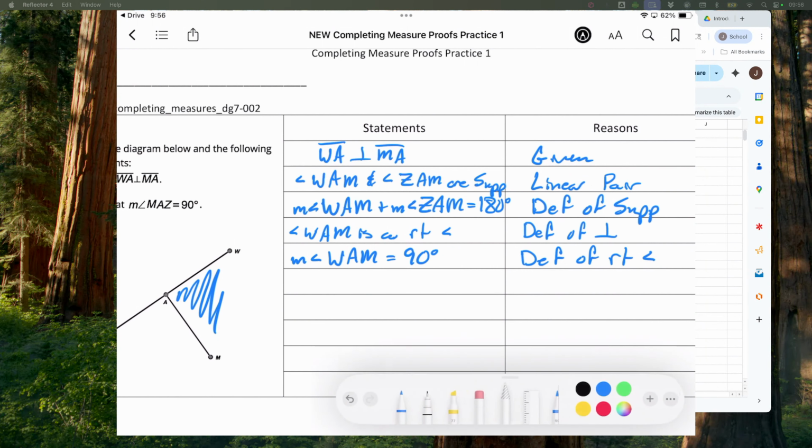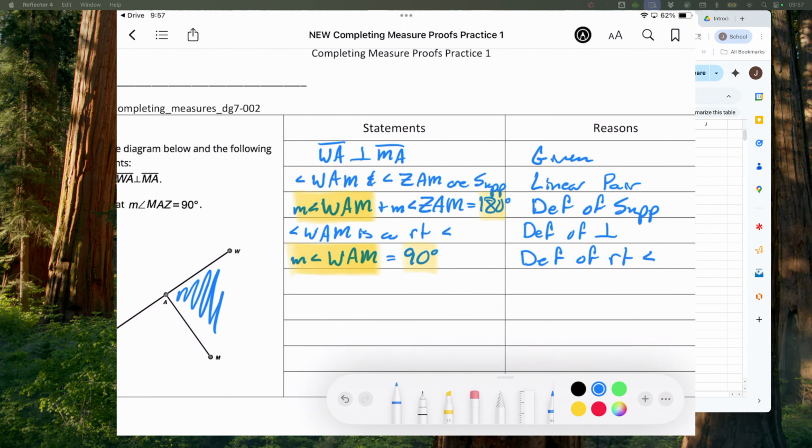Okay. Now we can see that WAM plus ZAM is 180 and WAM is 90. So if we were to subtract WAM from up here, we could subtract 90 from over here.